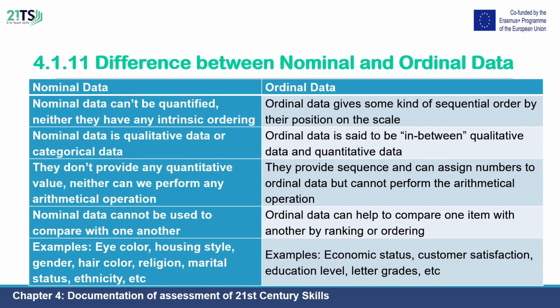Nominal data can't be quantified, nor do they have any intrinsic ordering, while ordinal data gives some kind of sequential order by position on the scale. Nominal data is qualitative or categorical data, while ordinal data is said to be in between qualitative and quantitative data.